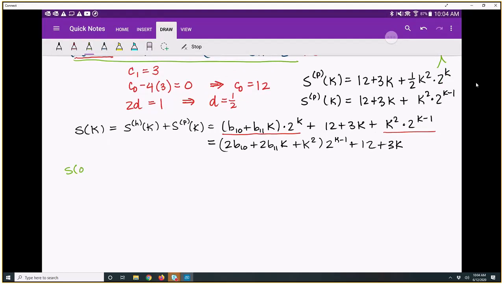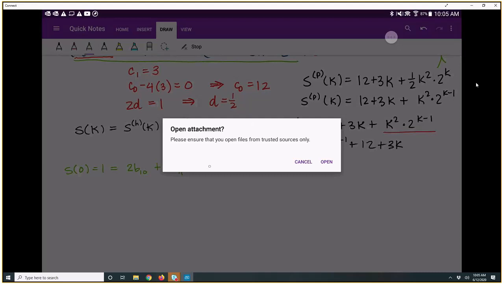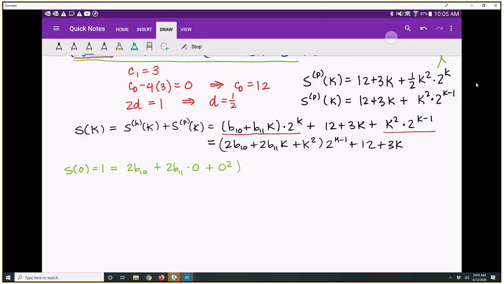So if I have S of 0 equal to 1, and S of 0 is 2b10 plus 2b11 times 0 plus 0 squared, and all of that is times 2 to the power 0 minus 1, plus 12 plus 3 times 0, and this is going to be equal to, this term is 0, this term is 0, and this term is 0.